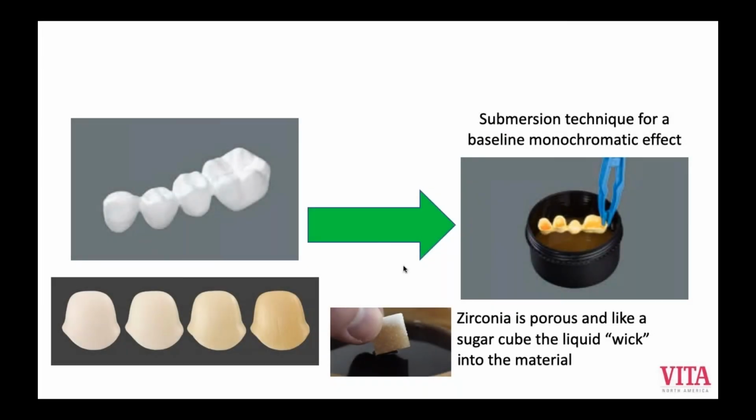In the old days, we would dunk them in liquid, this acid-based liquid, so that it would penetrate the zirconia, and we could get some pretty decent color. A lot of the really high-end technicians still color their zirconia.